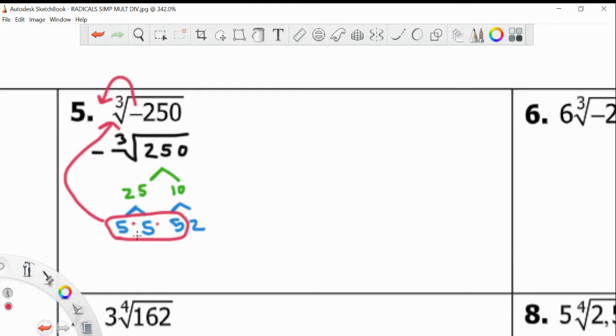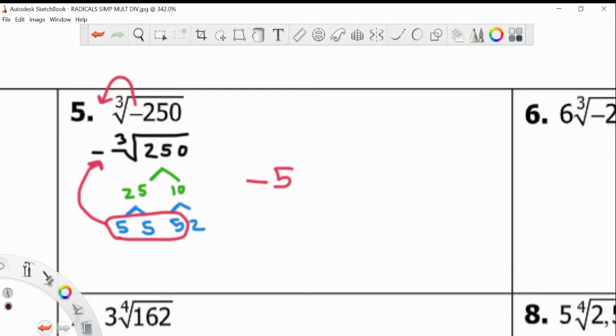So if you have any circles of 5s, one 5 comes out front, right? Now, it needs to join the negative sign that's already there, right? And so don't forget what's already out there. Looks like we're going to have a -5 on the outside, the negative and the 5.